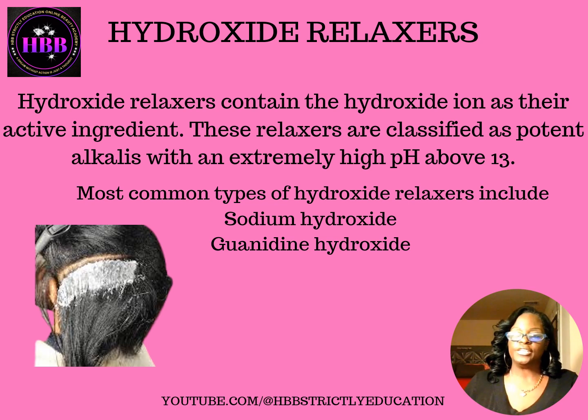So this is the alkaline side of the pH scale, but this hydroxide ion makes it where it is above 13. Okay, this is what gives that relaxer that straightening power, because it's alkaline.